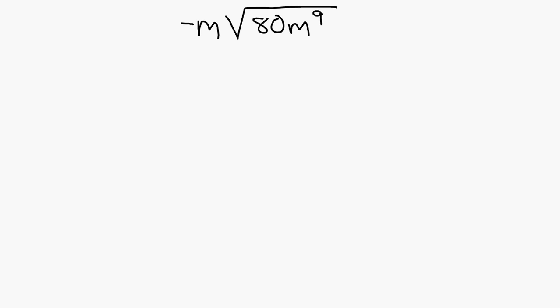Take negative m times square root of 80 times the square root of m to the 9th. Now factor your number and factor your variable. So negative m times, what does the square root of 80 factor to?